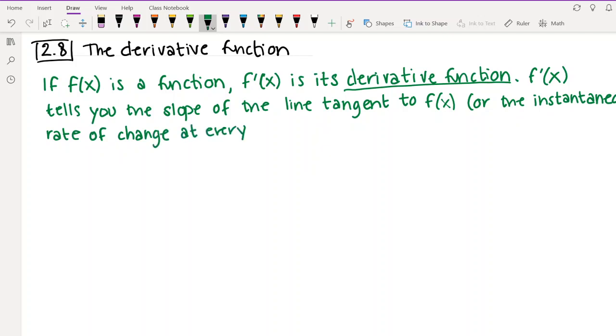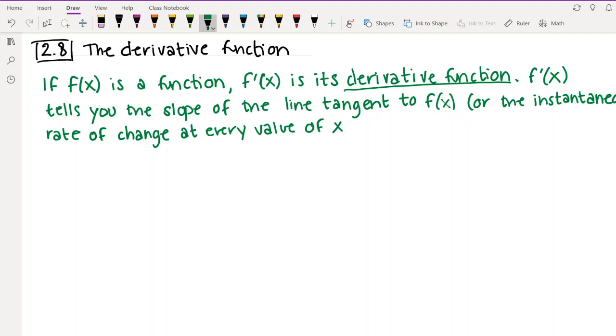And we'll see that actually there are some exceptions. I shouldn't really say at every value of x, but I'm just going to stick with it for the sake of this definition. So you can think of the derivative function as a function that contains all of this information about your original function. It stores all of this information about how your original function is changing.